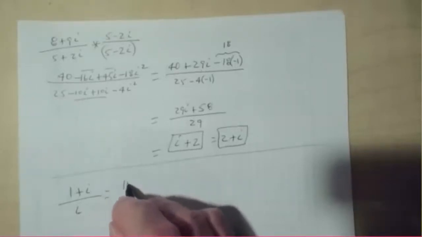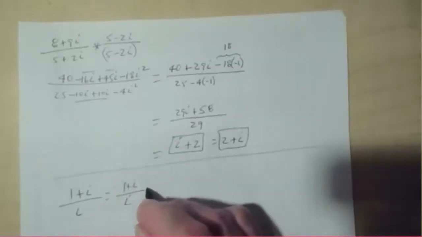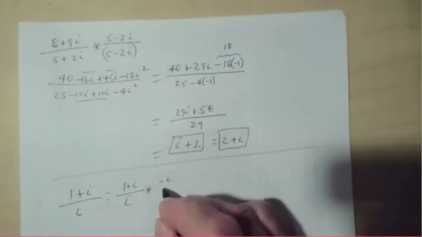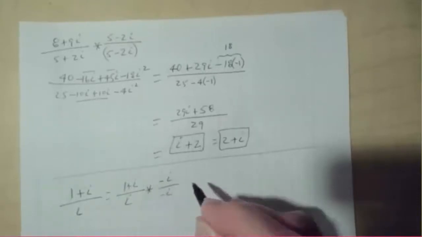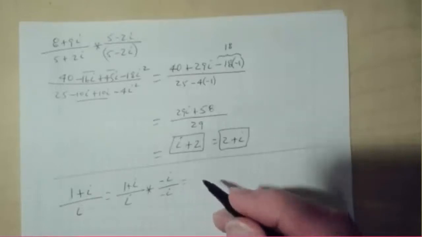Because remember, it's an imaginary number and not a real number, and you can't have that in the denominator. So what we're going to do is multiply by negative i.